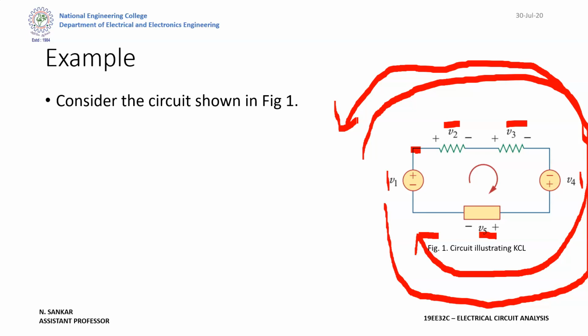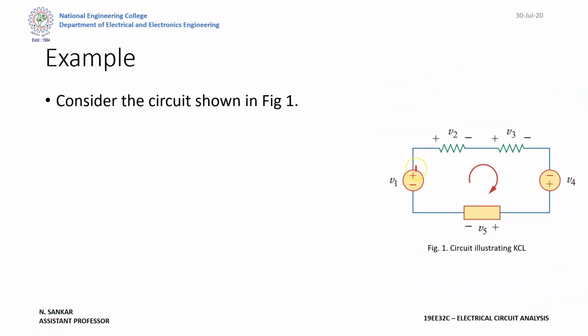Now we take the clockwise direction. We saw that you have to take the polarity of the voltage source at either the entering point or the leaving point. If the current is traveling like this, as per clockwise, this will be your entering point.